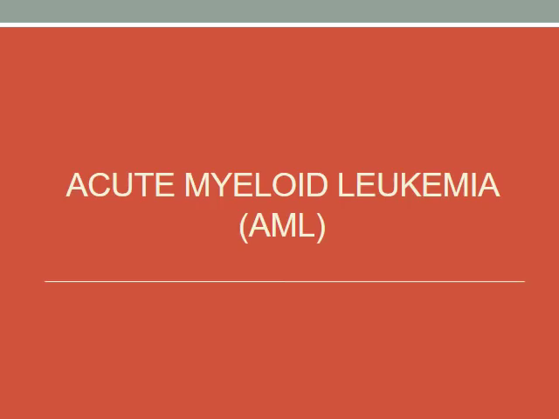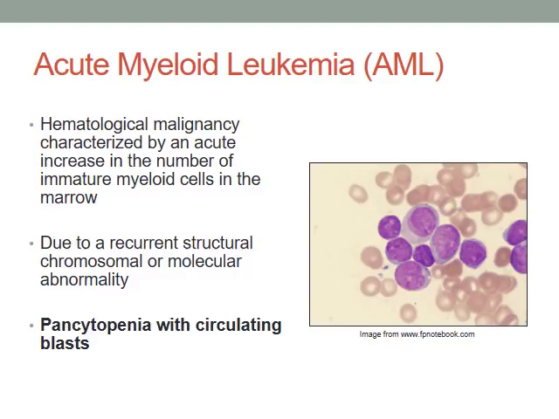First, let's discuss acute myeloid leukemias, sometimes also called acute myelogenous leukemia. Acute myeloid leukemia is a malignancy of the bone marrow that involves an increased number of immature myeloid cells in the bone marrow. Again, we refer to these cells often as blast cells, specifically myeloblasts in the case of acute myeloid leukemia. This is due to a chromosomal molecular abnormality.